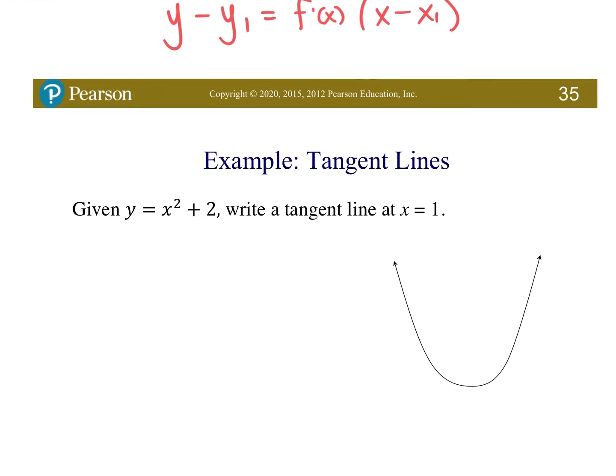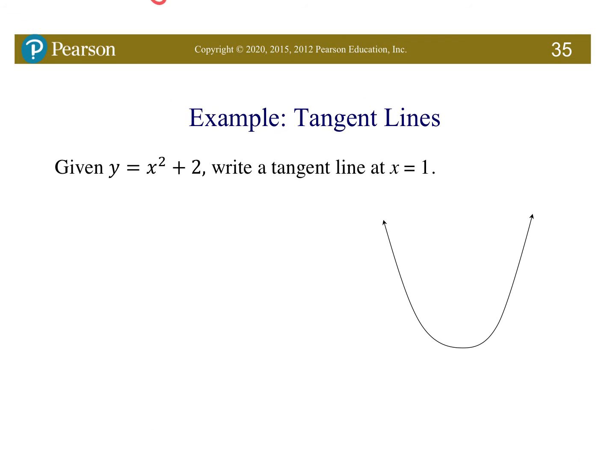So let's try that here. Okay, for this parabola, write the tangent line at 1. Well, I can estimate, here's 0. I can estimate 1 is about right here. So if I was going to draw the tangent line, I think it's probably going to look kind of like that. But I need to know what's the point that it's hitting and what slope it's hitting with.